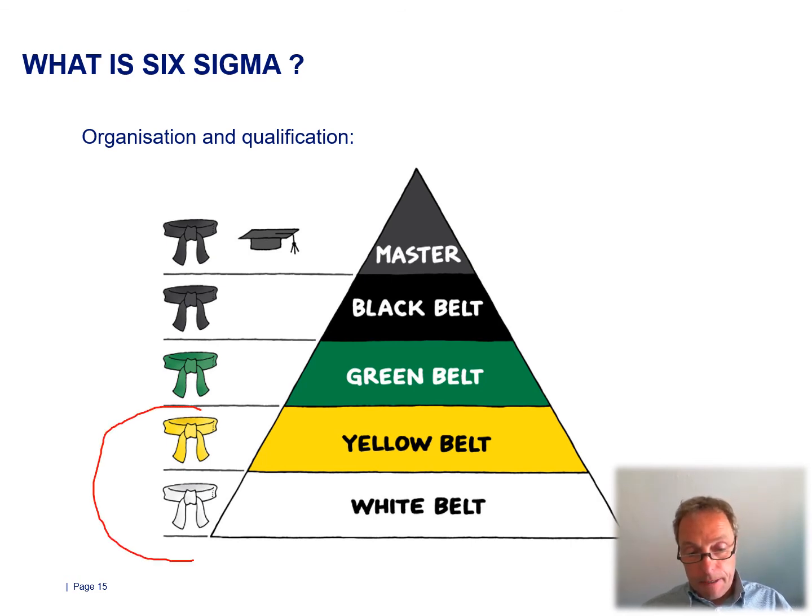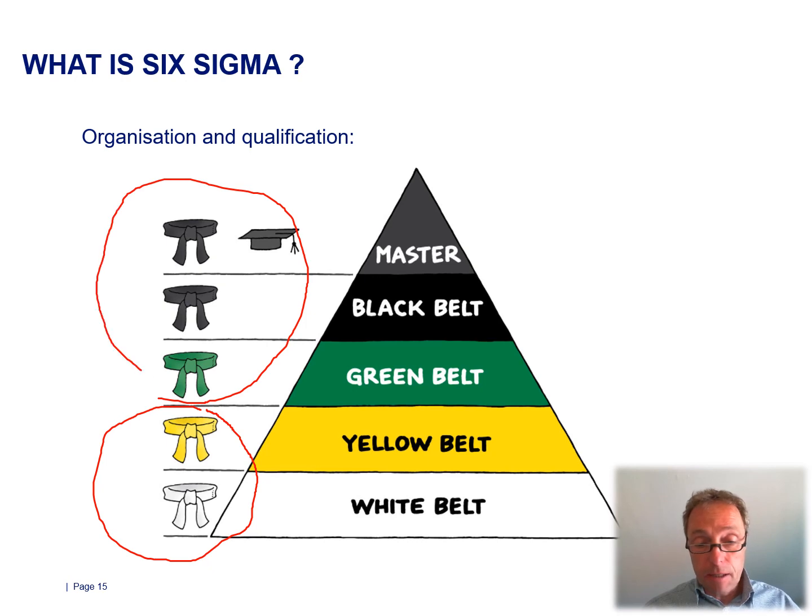The yellow and the white belt you get for free. You just make a training and then you are a white or yellow belt. For the green, black, and the master belts, you need of course as well a training, but you have to make then also a test.